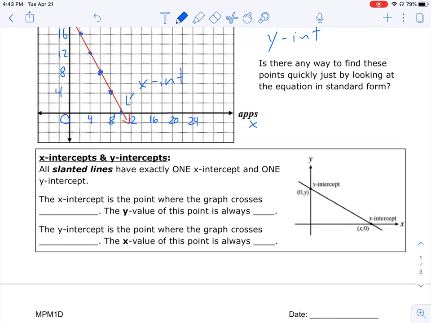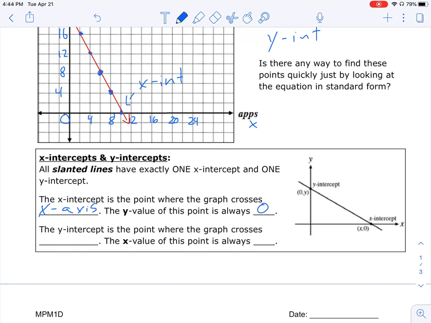So the x-intercept is the point where the graph crosses, I said it before, the x-axis. The y value of this point is always 0, right? So if you think about it, when the line touches the x-axis, our y value is 0. So our y value is 0, but our x has a value.